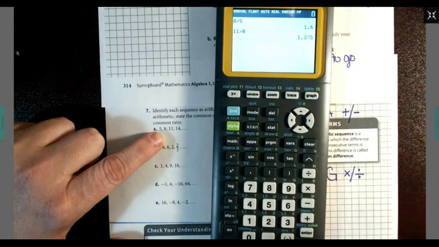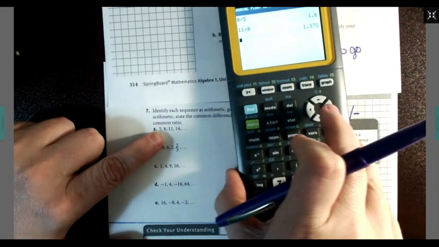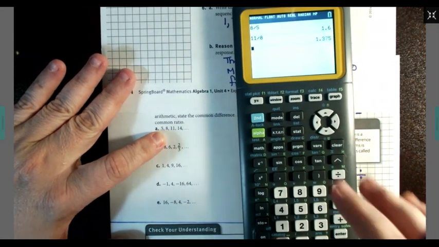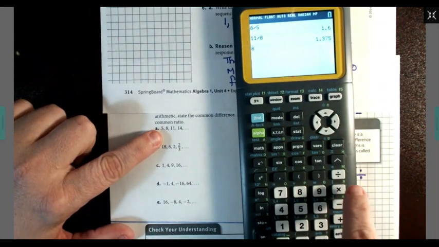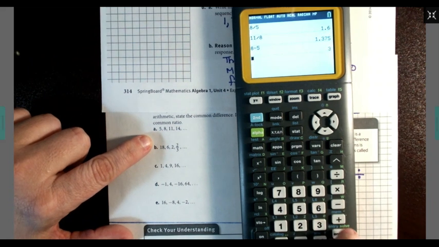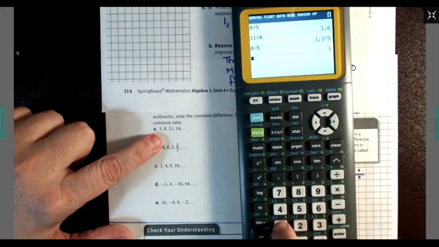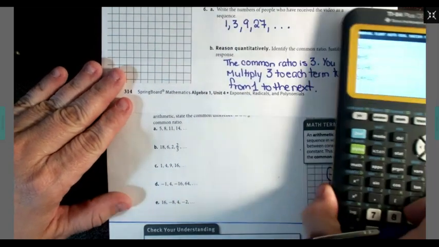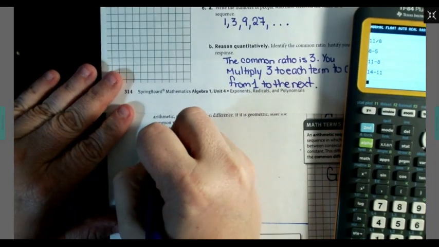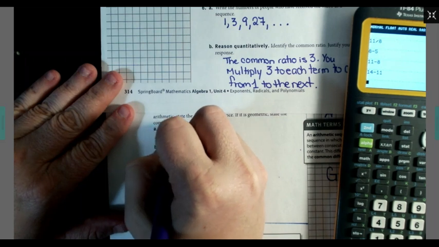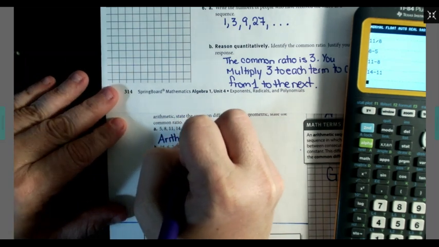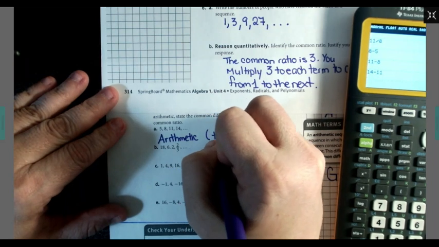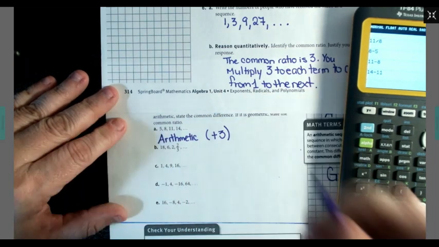If it was a constant ratio, it would be the same number each time. Let's see if we can subtract and get the same number each time. To go from 8 back to 5, we obviously added 3. To go from 11, that's a 3. 14 minus 11 is 3. So, we would say that this is arithmetic, and our difference is plus 3.